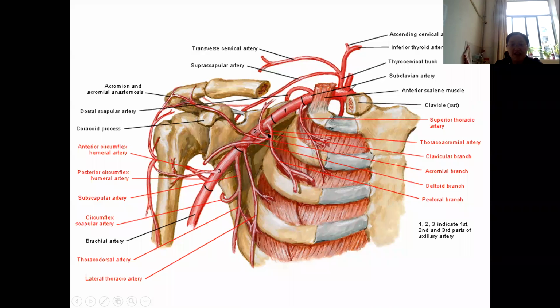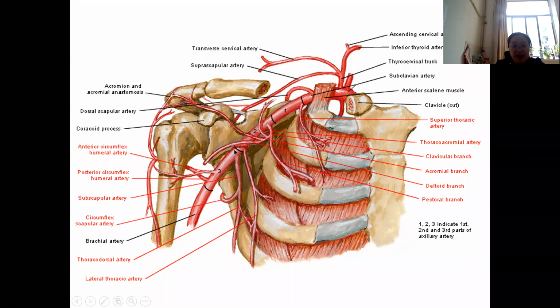The thoracoacromial artery further gives branches supplying the scapular region, the acromion region, and the pectoralis minor and major. And just near the lower margin of pectoralis minor it gives off the second: this is the lateral pectoral artery, or lateral thoracic artery.